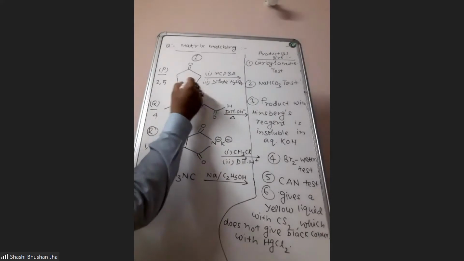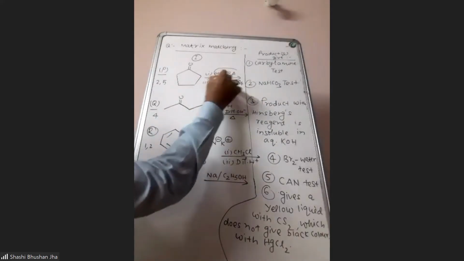If anyone wants any of the options to be explained, please tell, I will do that. What's the product in the first reaction? First this ketone is reacted with MCPBA. Which reaction is this? Baeyer-Villiger reaction.